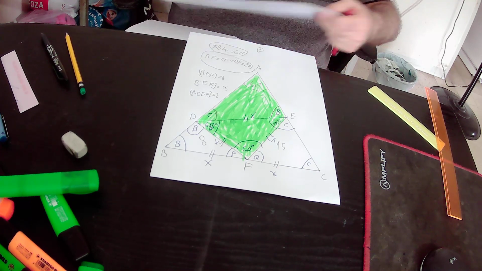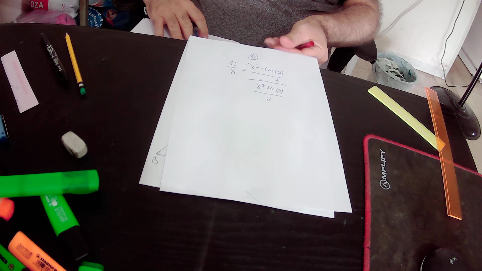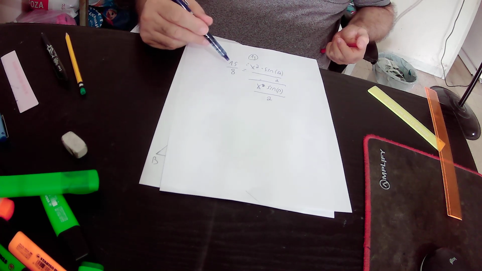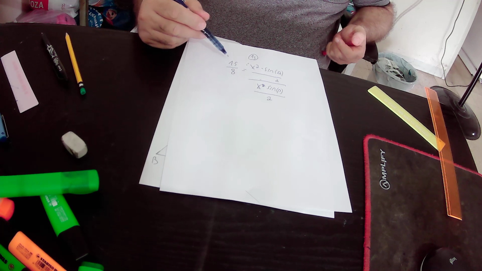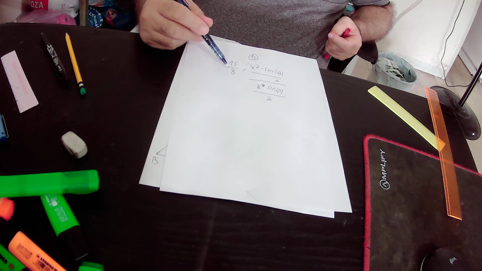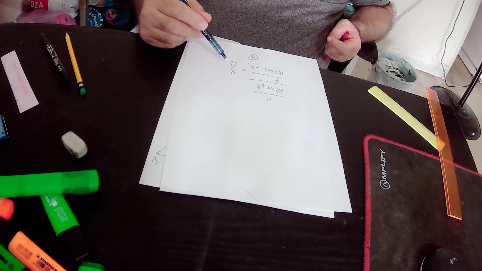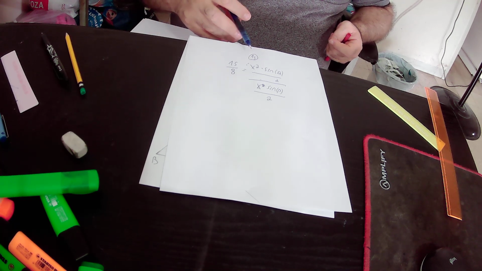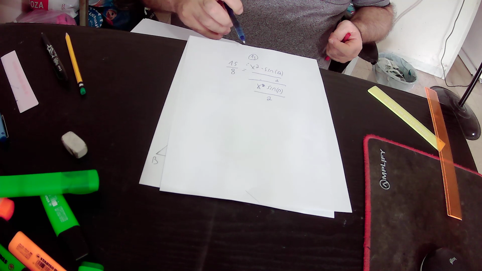Okay, so the area of the big triangle is 15 square units, and the area of the small triangle is 8 square units. This equality states that the area of the big triangle equals x squared times sine q over 2.